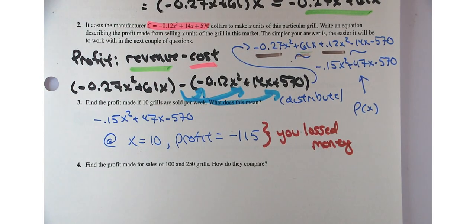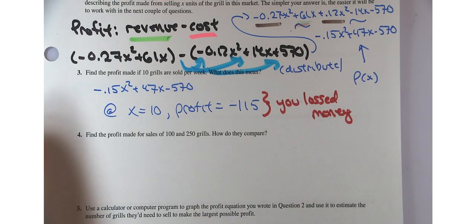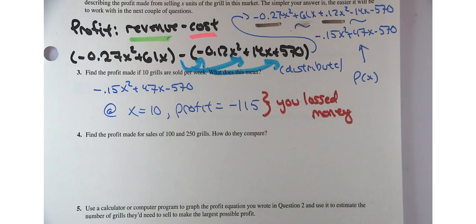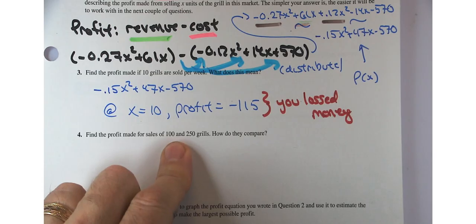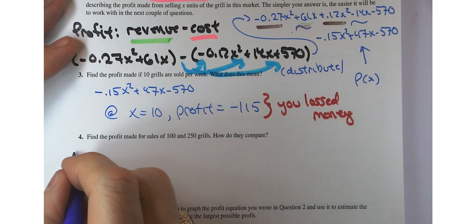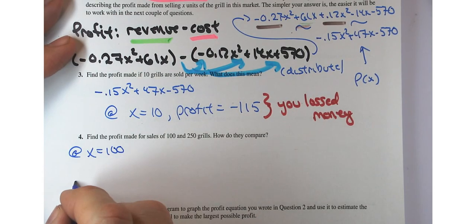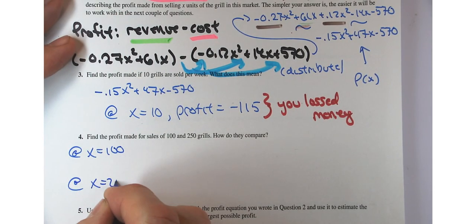Okay. Nice. Now, here's where we get the payoff for the work that we did to put that into our calculator. We need to evaluate this at x equal 100 and x equal 250. So at x equal 100 and at x equal 250.